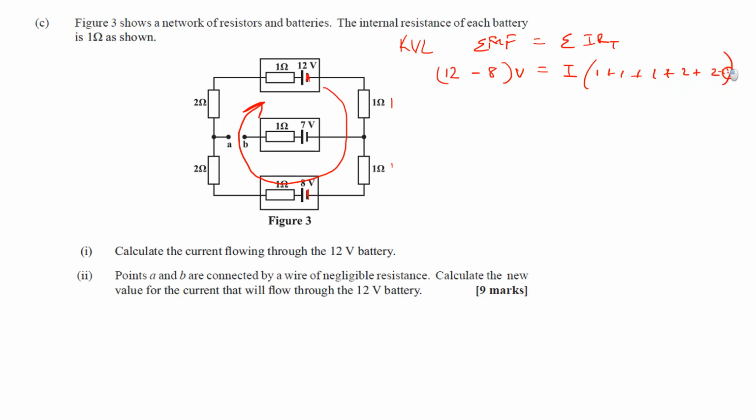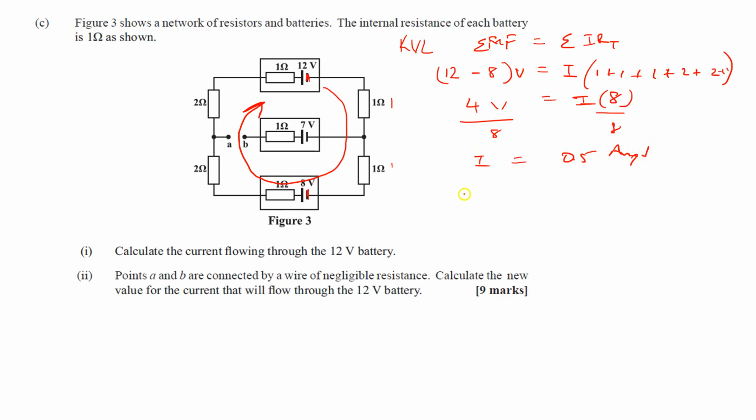So plus 1. So we have 8 as the total resistance, times I. We subtract the 8 from 12, which gives us 4 volts. Just simply transpose and divide both sides by 8. It means that I will become 0.5 amps.